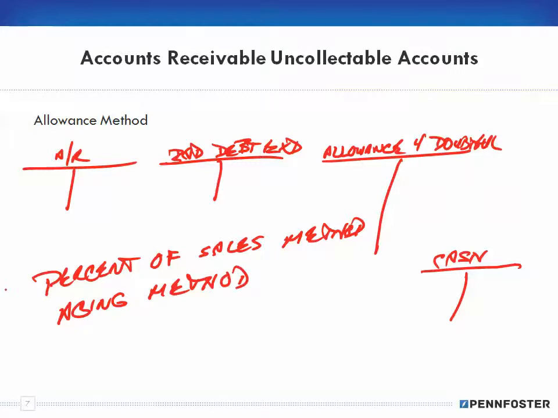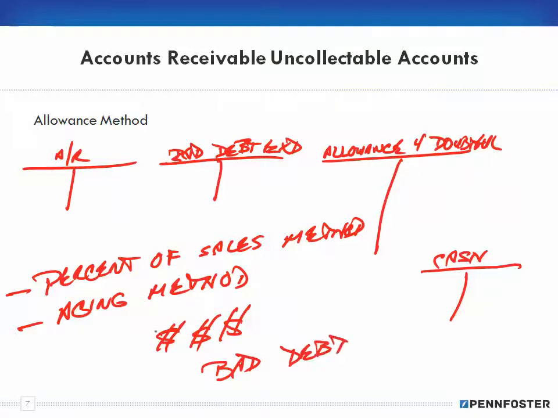These are two different methods that will help determine the dollar figure that you're actually going to write off as your bad debt. Bad debt, B-A-D, not D-A-D. You use those two methods to determine however much you're going to write off for bad debt.